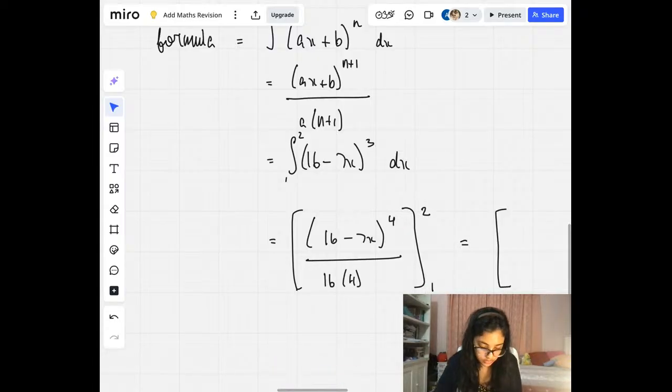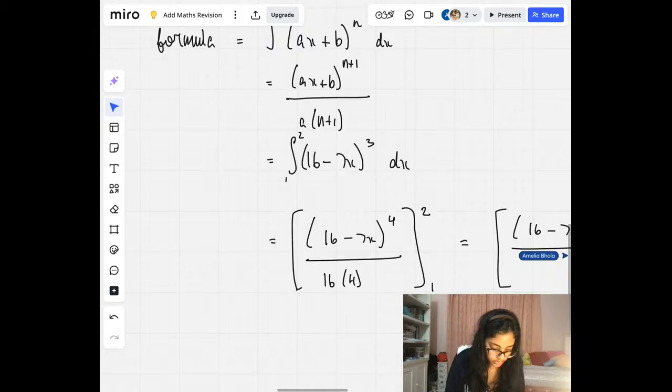So wherever you see x, you put this value in first. 16 minus 7. Whenever you see an x, you put 2. Hope I'm not doing nonsense right now. I didn't make a little careless mistake. So power 4 all over. You could simplify this. 16 by 4 is 64.